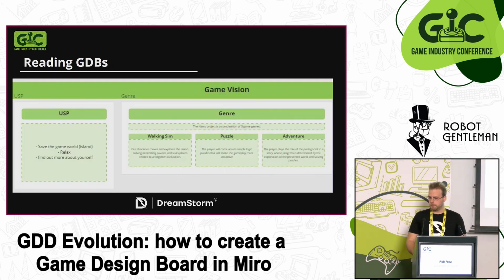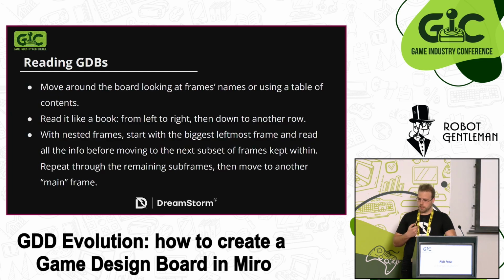So here's an example, a close-up of one of those frames. At the top we have the header, and then from left to right we have frames, one per topic, and within that we have the information that we wanted to convey. Some people also have problems reading those boards because, as I said, it's not a usual way to convey information.